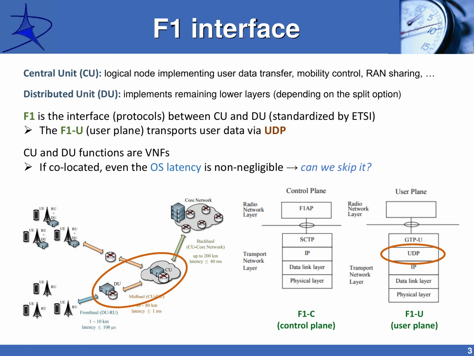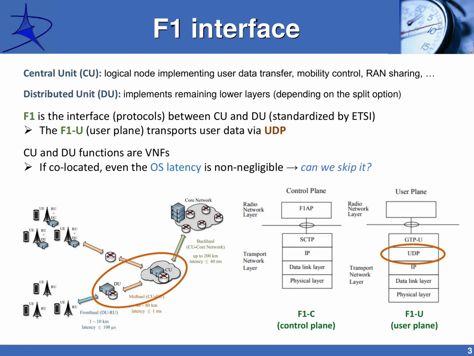Regardless of the split option, the CU and the DU need to communicate efficiently between each other in the mid-haul network, and they do it through an interface which is standardized and called F1. Actually, the F1 interface comprises two sub-interfaces, the F1-C for the control plane and the F1-U for the data plane.